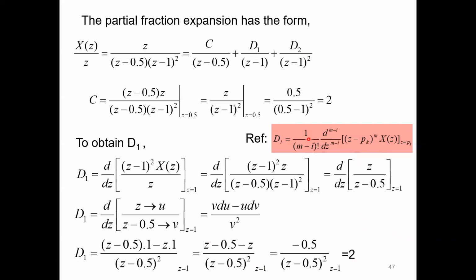Now it's time to find out D2. Substitute i equals 2. So then this becomes 2 minus 2, 0 factorial is again 1, right? And this is 2 minus 2, 0. So in that case, there's no differentiation, okay? (z minus pk) to the 2 is still there, times X(z).